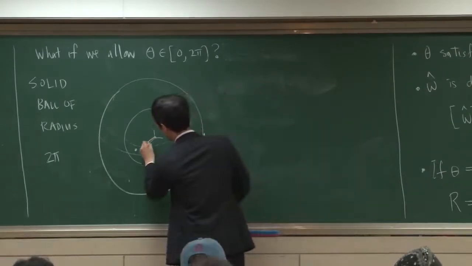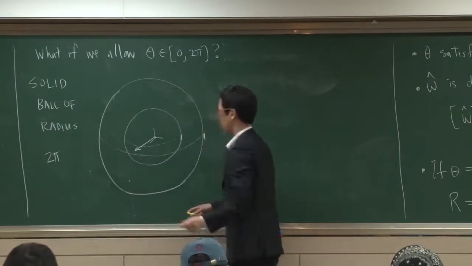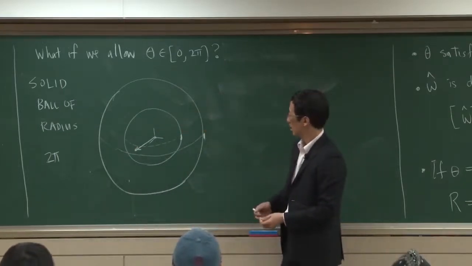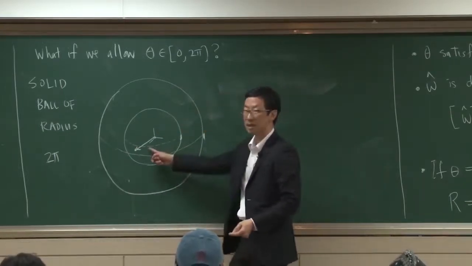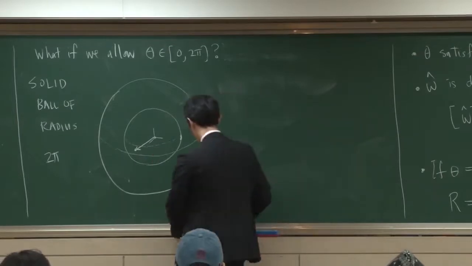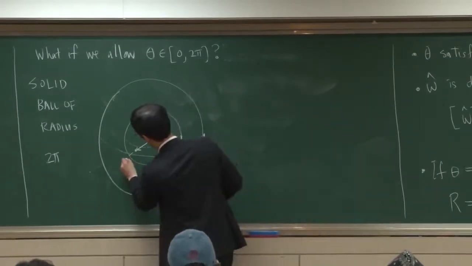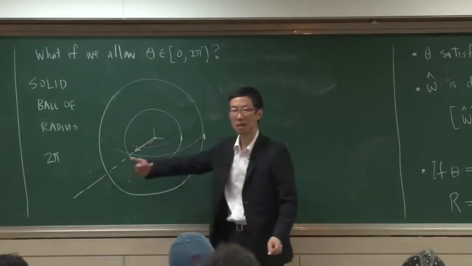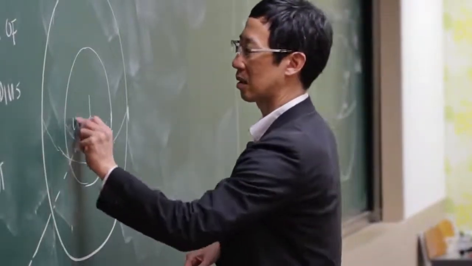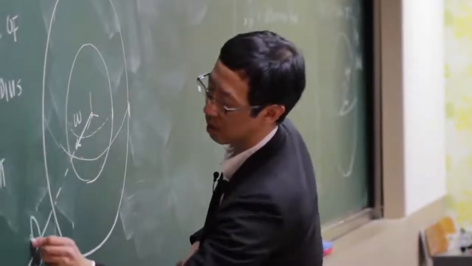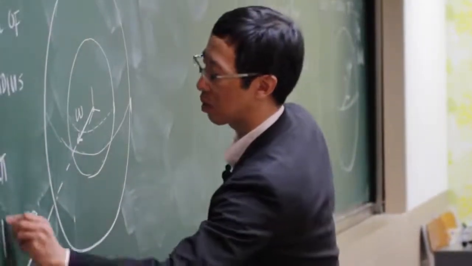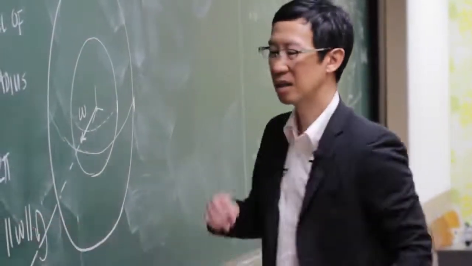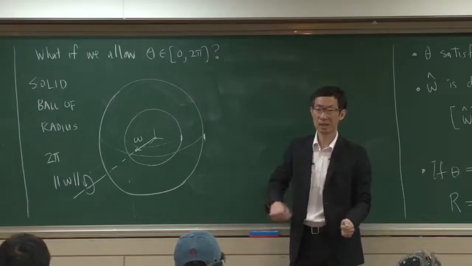So we have this vector omega. What this represents is a rotation around this axis by angle omega.